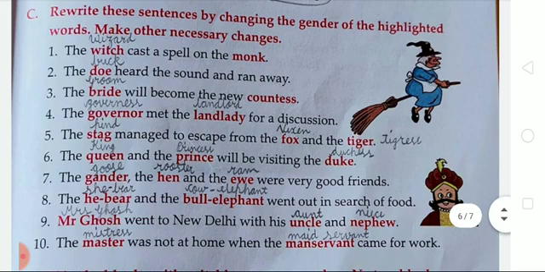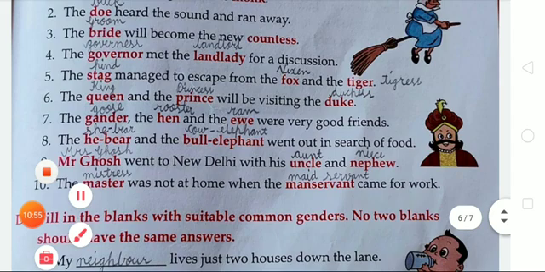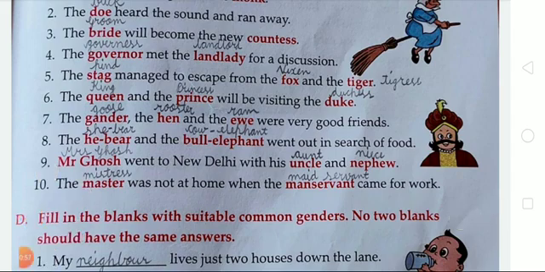Now in number 6 there is: The queen and the prince will be visiting the duck, so we have to change these given words, that is queen, prince and duck. Now the next is in number 7: The gander, the hen and the ewe were very good friends, so we have to change these given words.